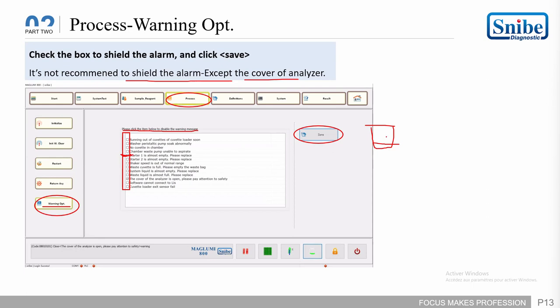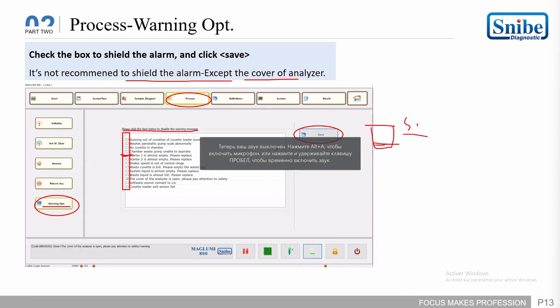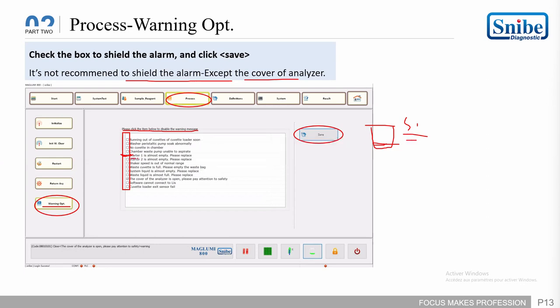He will add it only after he finishes the test. But after that, he forgets to replace the starter 1 bottle after finishing his test. So next day or next time, he will still continue running the sample, but the starter bottle 1 is completely empty. And because he disabled the message, he will not get the alarm message.